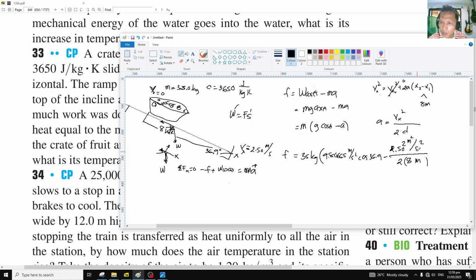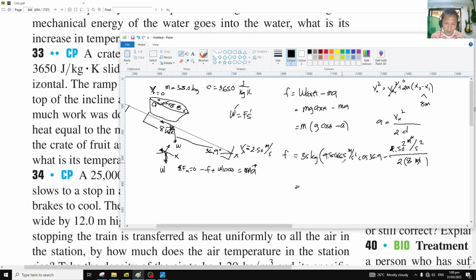The meters cancel, so kilograms times meters per second squared remain. So your frictional force would be in Newtons.